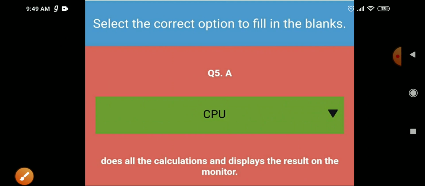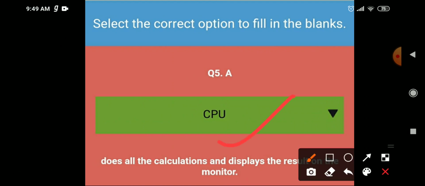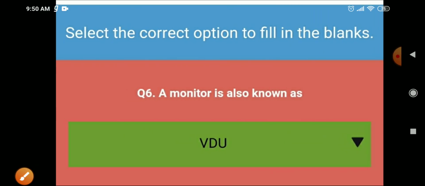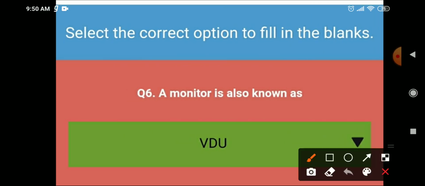Next fill up is, a dash does all the calculations and displays the result on the monitor. So a CPU does all the calculations and displays the result on the monitor. Next is, a monitor is also known as VDU, which means Visual Display Unit.